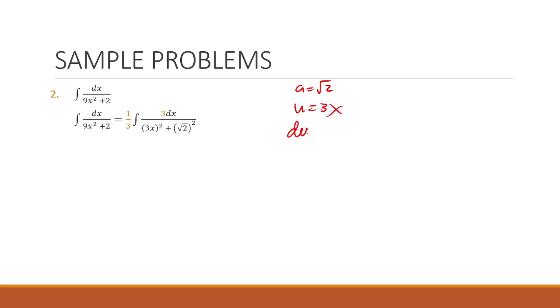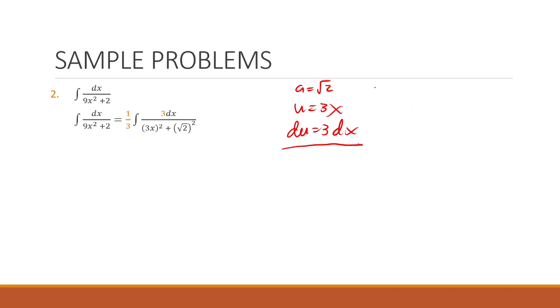So, du is 3dx. Okay? So, in order for this to be integrable using the arctangent formula, we have to have du in the numerator, and du should be 3dx. However, in this particular example, we only have dx in the numerator. So, we have to multiply 3. And since we multiplied 3, we have to divide by 3. That's why we have here 1 over 3 as the neutralizing factor.